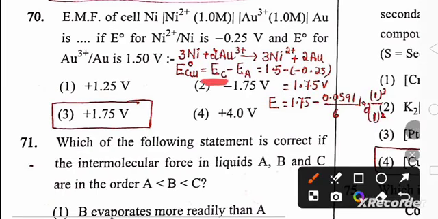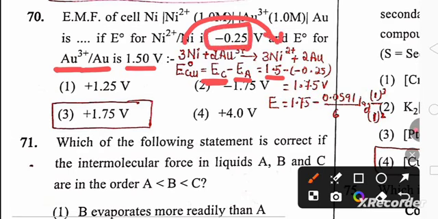That is, gold ions will migrate towards cathode and gain electrons to convert into gold. So the electrode potential is 1.5 minus the electrode potential of anode. Anions will migrate towards anode, so at anode there is oxidation. Oxidation occurs here for nickel, it is losing electrons. So for nickel the electrode potential is minus 0.25. When you calculate, you will get standard electrode potential of 1.75 volts.